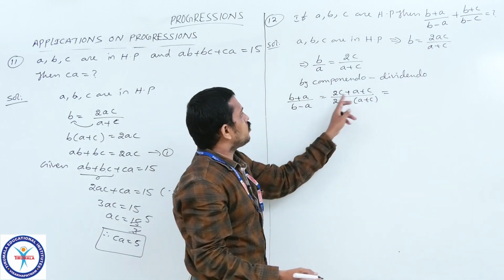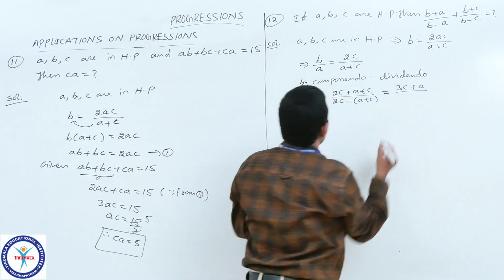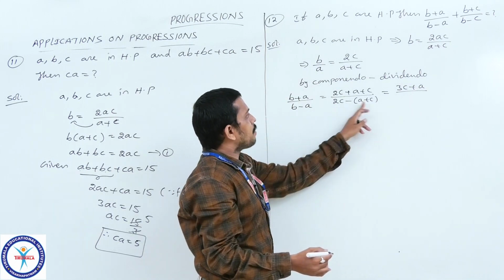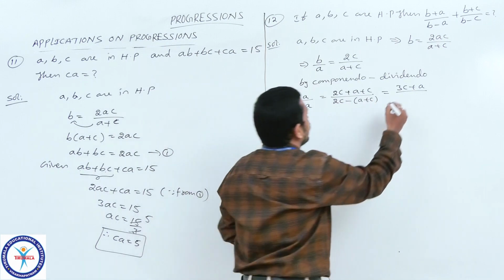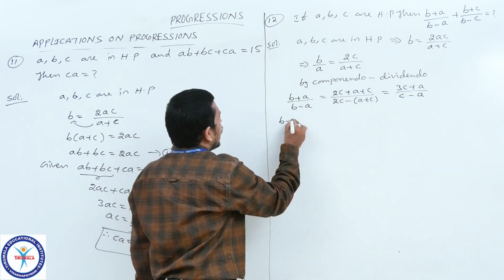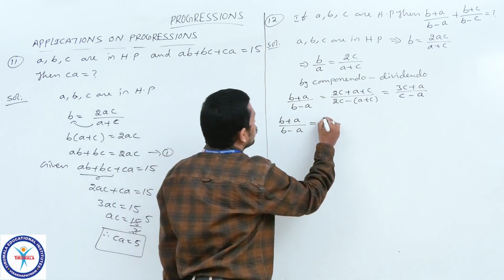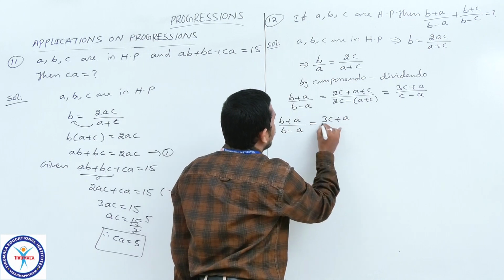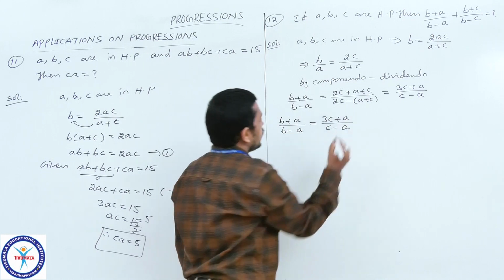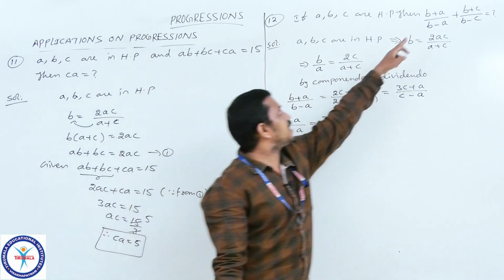By simplifying this value, 2C plus C, 3C, plus A, by 2C minus A minus C, 2C minus C, C, minus A. So therefore we have (B plus A) by (B minus A) is equal to (3C plus A) by (C minus A). Now here we have the (B plus A) by (B minus A) value.